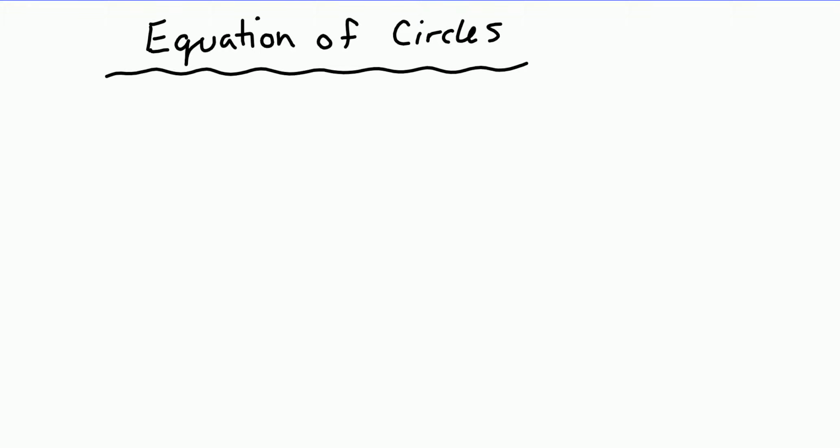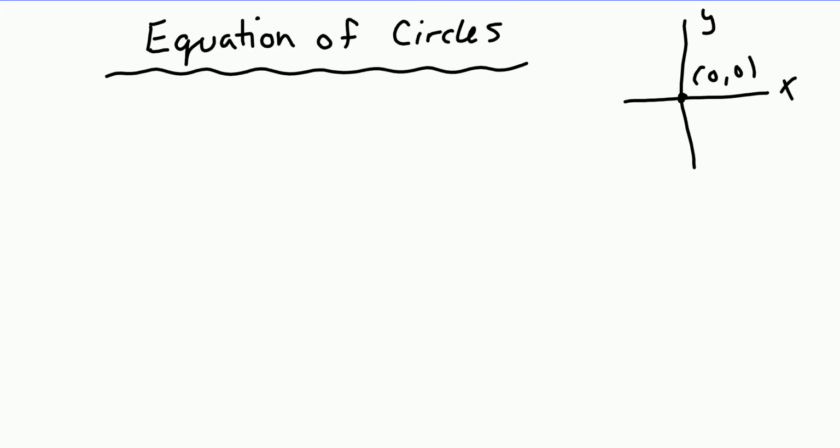Hey guys, so last lesson of the circles unit is equation of circles. Alright, so the first thing we're gonna look at is a circle whose center is at the origin of an xy axis. Right, if you remember, origin means at the point 0, 0.